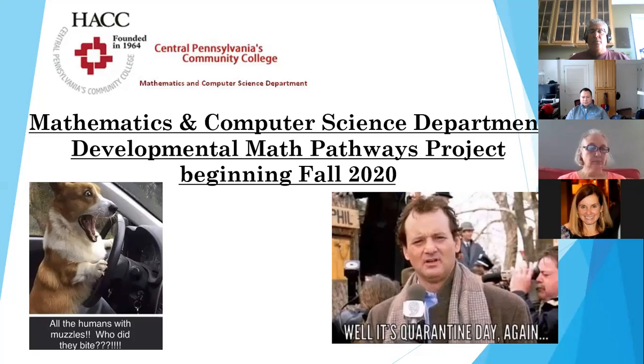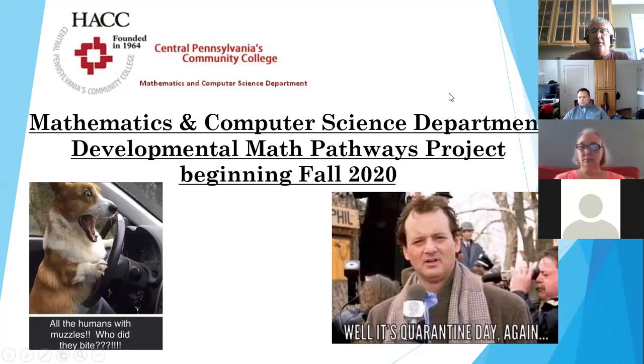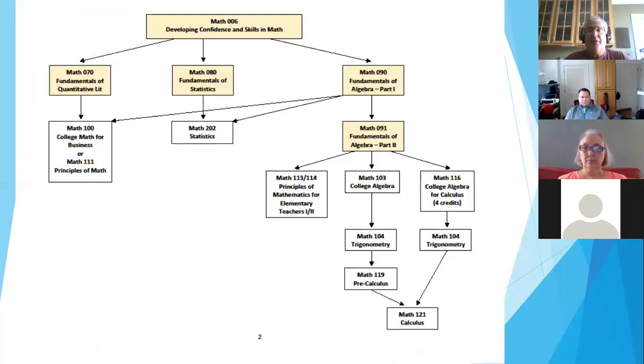What we're going to do today is I'm going to give you an overview, or more of an update, on where we are at this time getting ready for the fall semester. Quite a few of you have already seen this if you've been attending department meetings or reading through the department notes, but our courses for the fall are going to be rearranged and redeveloped. Our hope is that we're making 3 pathways for students so that they can get the developmental math they need to benefit them in the future.